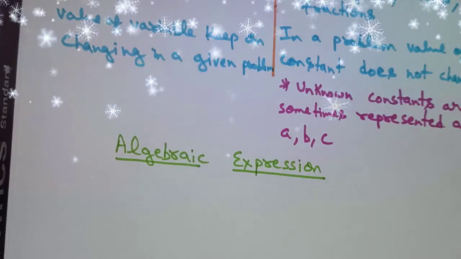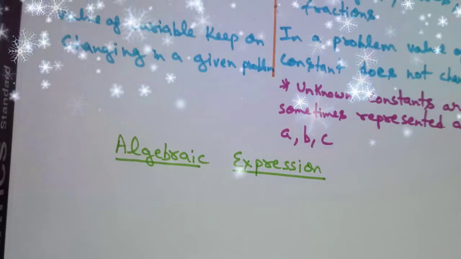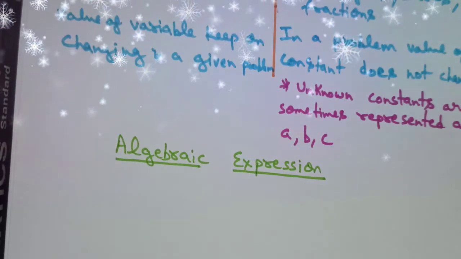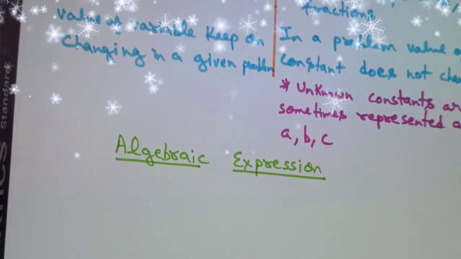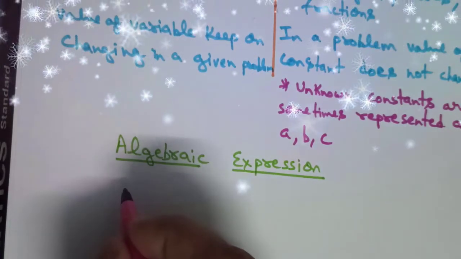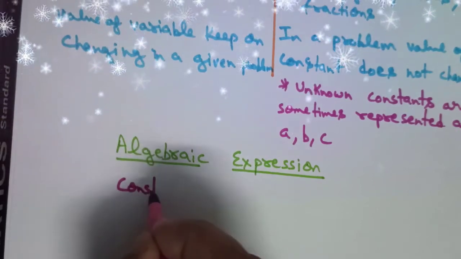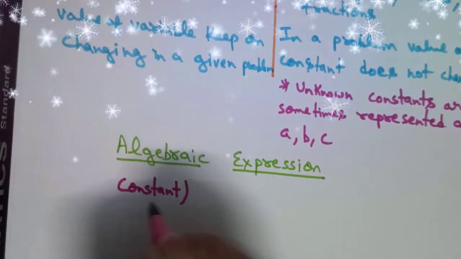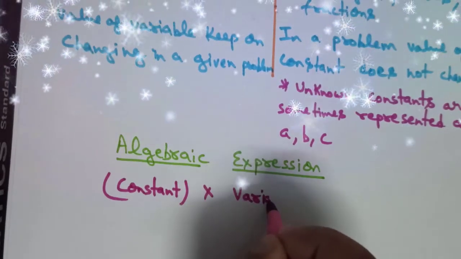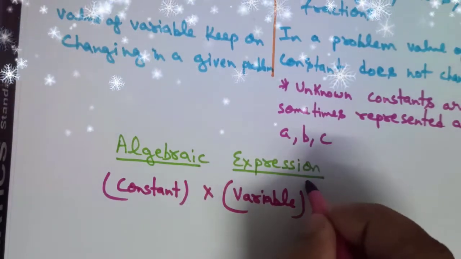Now, algebraic expression. We have already discussed a lot about algebraic expressions, and you must have studied them in your previous classes also. But here, in general, what is an algebraic expression? It is basically a product of a constant with a variable raised to a power that is a rational number.